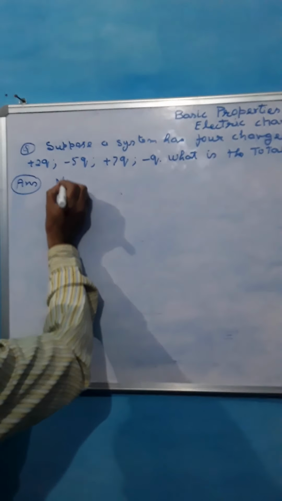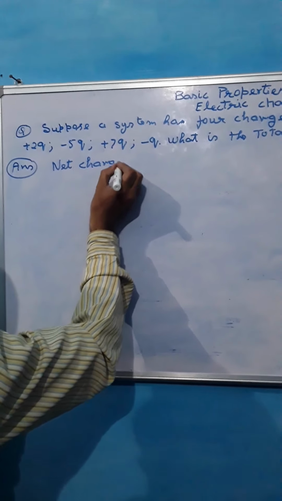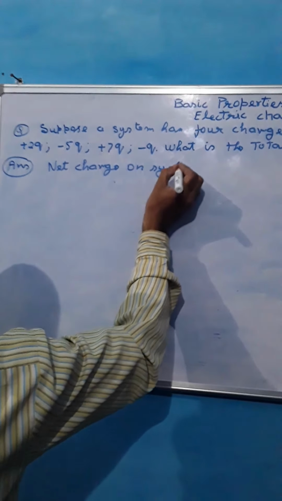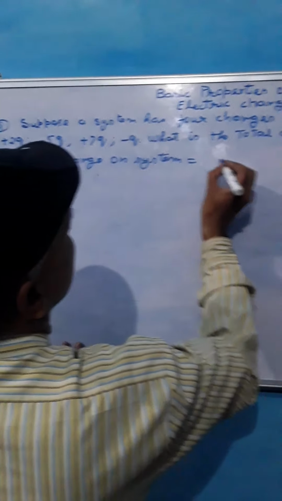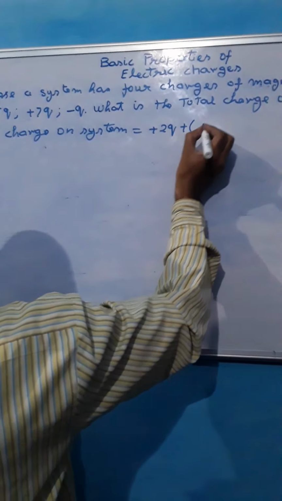Answer: net charge or total charge on the system will come out as first charge plus 2q, plus minus 5q, plus 7q, plus minus q.